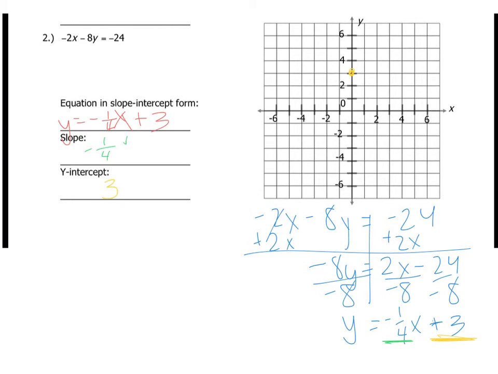So we're going to go down 1, right 4. From that point, that's the only point I can do from going left to right. In order to fill up our entire grid, we might have to work backwards. So instead of going down 1, we're going to go up 1. And instead of going right 4, we will go left 4. And there is the only line that we can put on there.